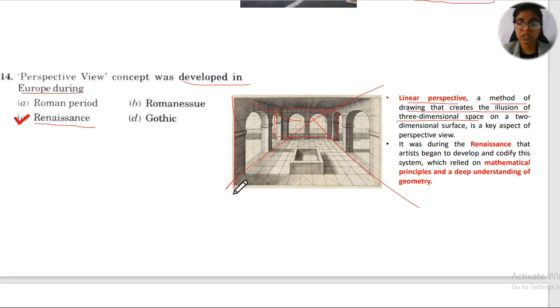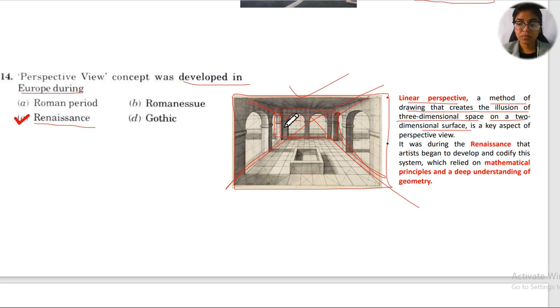So as you can see, this is a drawing sheet, suppose, but here you are getting a feel of three-dimensional space on a two-dimensional surface. This is your two-dimensional surface, and from this drawing you get a feel of a three-dimensional surface.